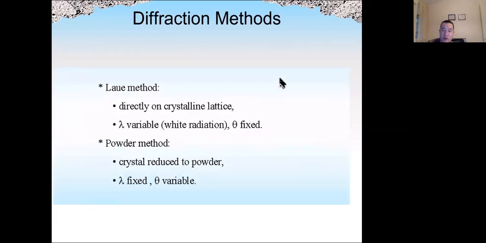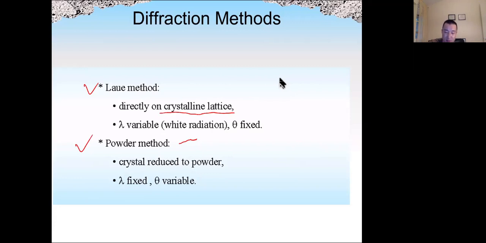To use the X-ray diffraction method, we could use either the Laue method or the powder method. The powder method is by far the most commonly used method, but let's look at the Laue method first. We use X-ray directly on crystalline material, but not in powder form.